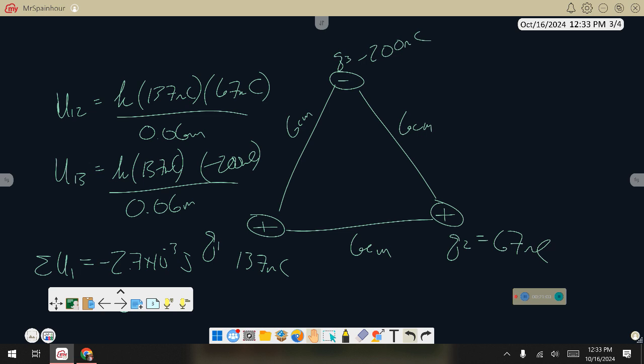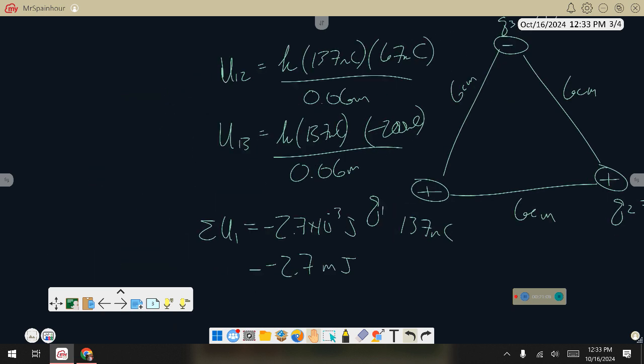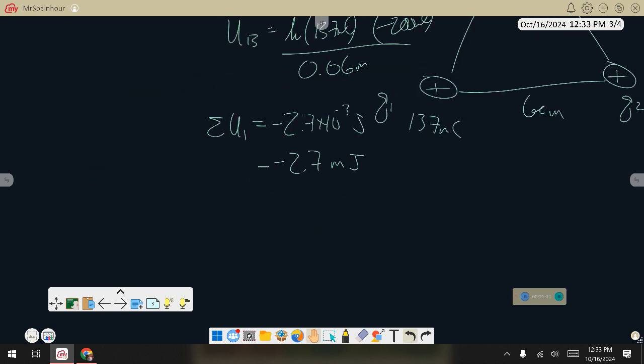So I could ask you, what's the change in potential energy to take Q1 from its current state out to infinity? In which case, this is the potential energy from here, so this would be potential energy initial. And what would potential energy final be if I had that thing out towards infinity?